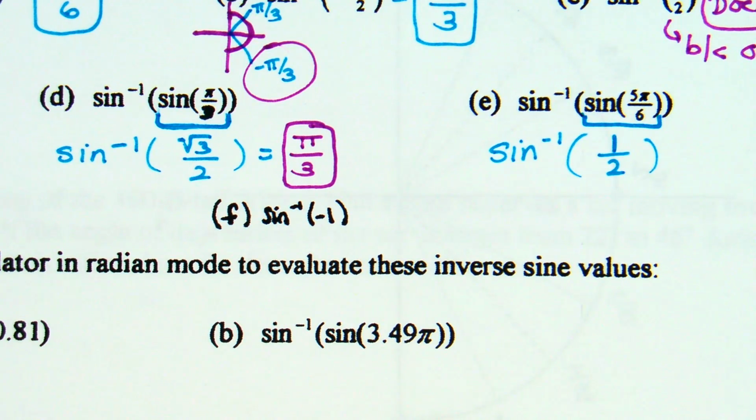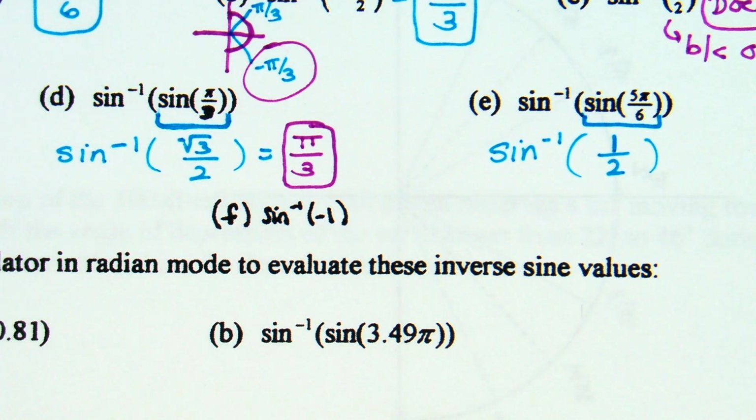Pi over 6? Why not 5 pi over 6? Okay, so this is kind of the opposite of last time. You have to be careful here. Yes, that sine inverse and sine are going to undo each other, but you can't tell me a sine inverse answer is 5 pi over 6, because 5 pi over 6 is over here in quadrant 2.